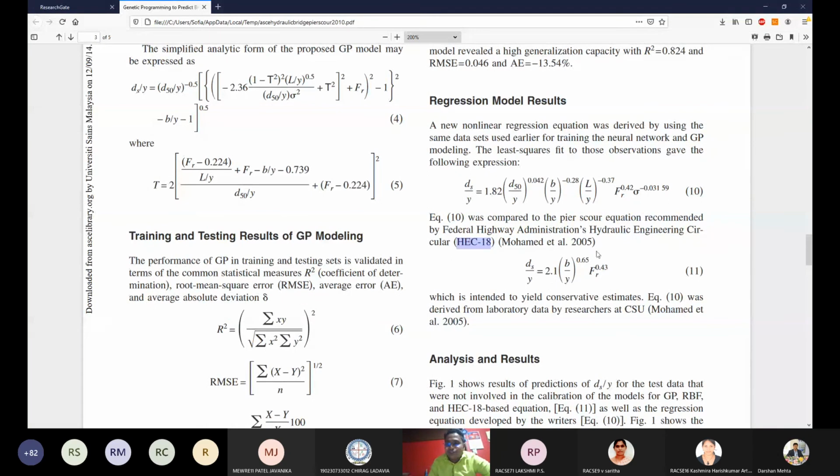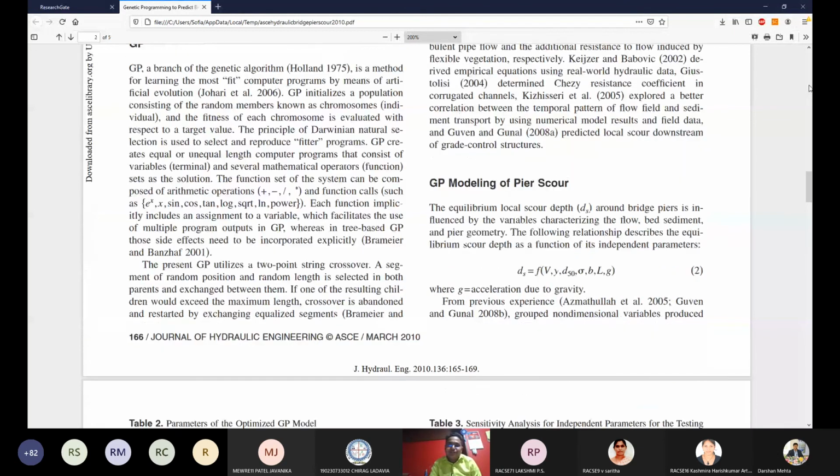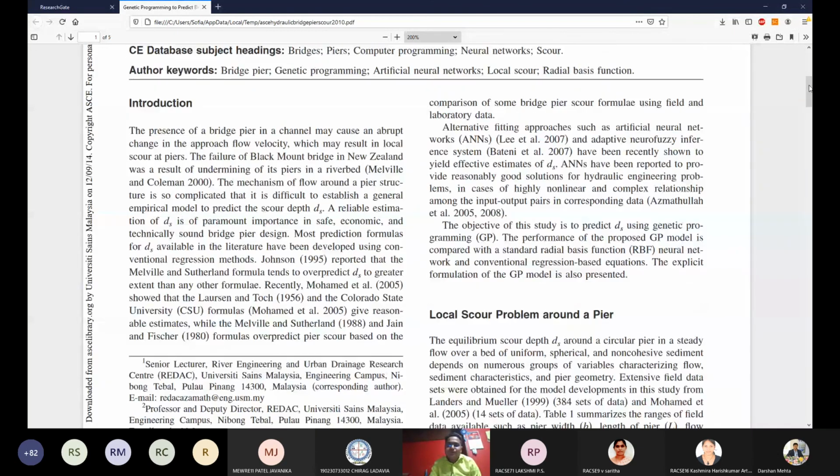They also used only two variables, relative depth of scour, where y is flow depth. So with this kind of equation we got several citations, and this is in Hydraulic Engineering, where we managed to publish.